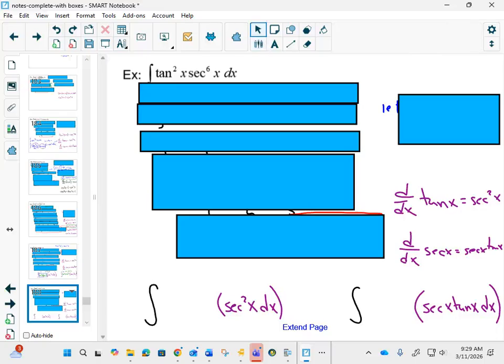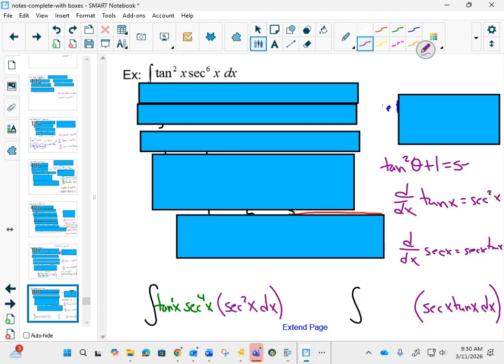Okay. If I took the secant squared out, I'd have tan squared x secant to the 4x. I guess in purple, I'm also going to write out that tan squared theta plus 1 equals secant squared theta.